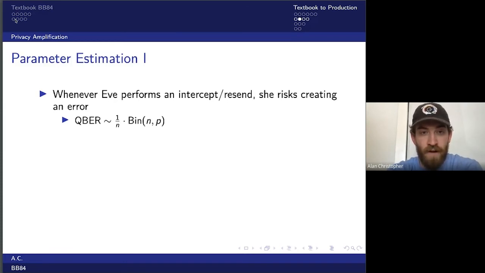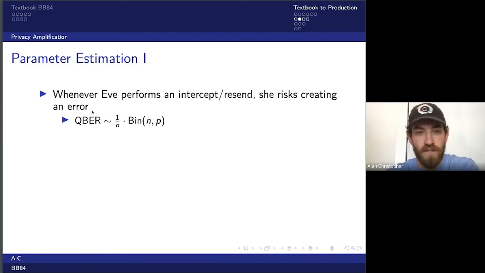We want to figure out how much information Eve has. And we are going to use that measured quantum bit error rate, which we are going to note QBER here. We're going to use that in determining how much information Eve might have.